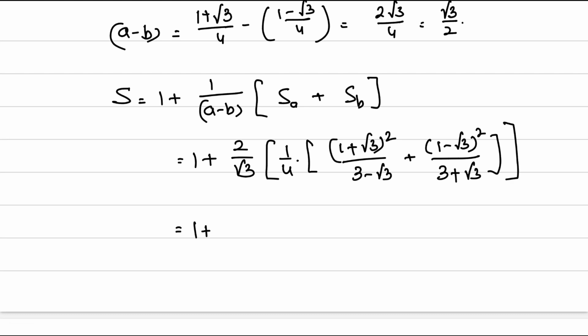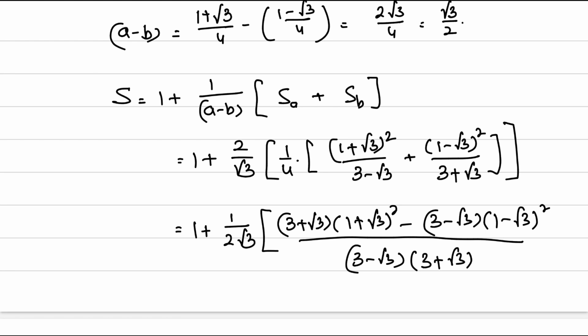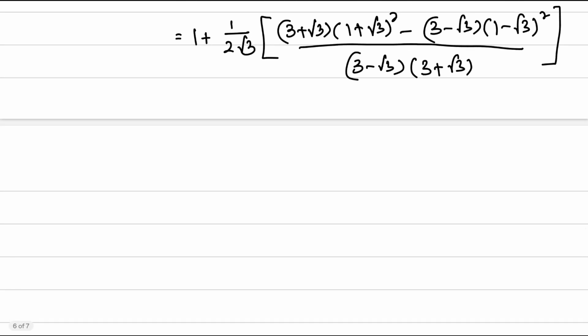1 plus 1 by 2 root 3 into, this 4 is gone now, (3 plus root 3) into (1 plus root 3) whole square minus (3 minus root 3) into (1 minus root 3) whole square, whole divided by (3 minus root 3) into (3 plus root 3). 3 minus root 3 into 3 plus root 3 is how much? 3 square minus 3, that is 6.